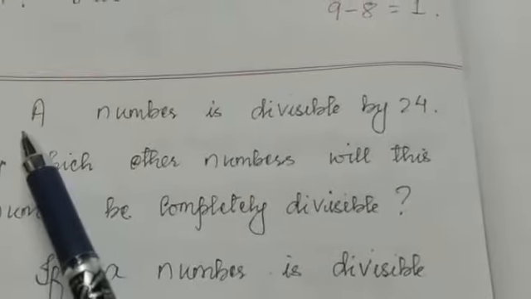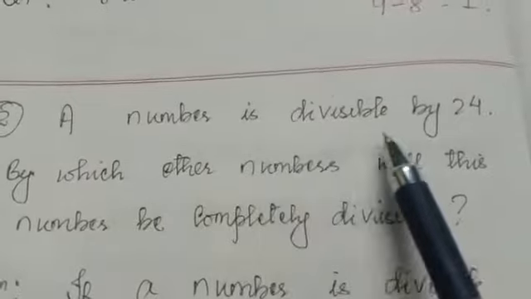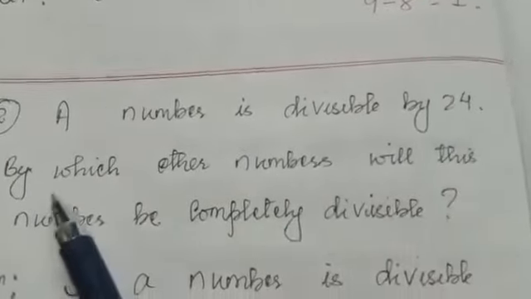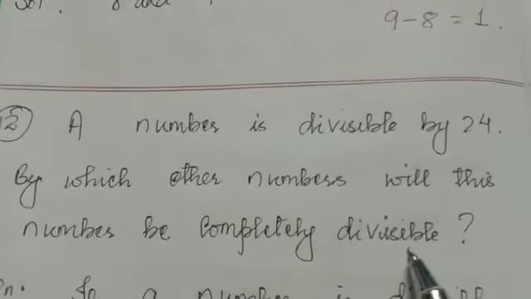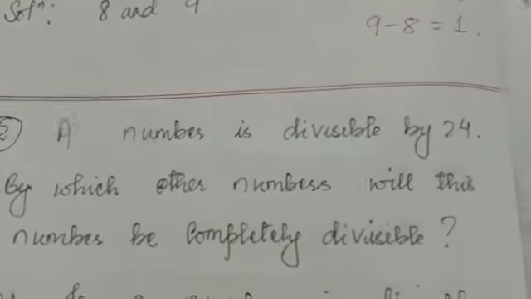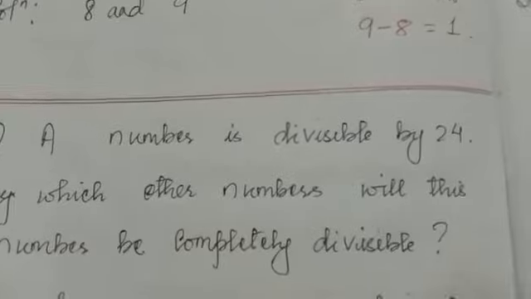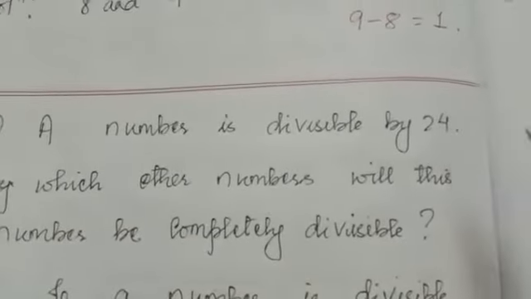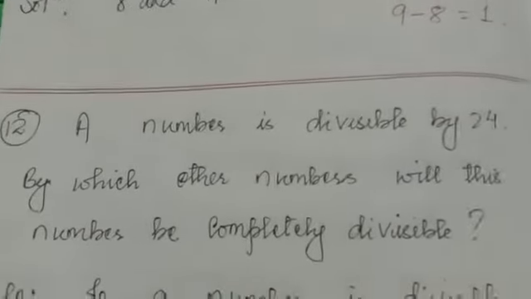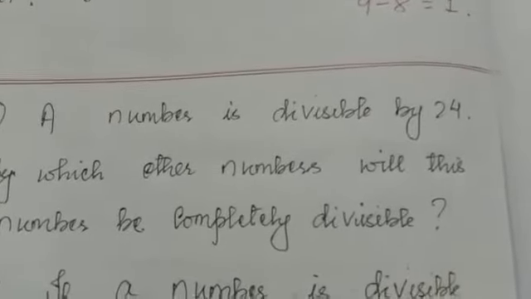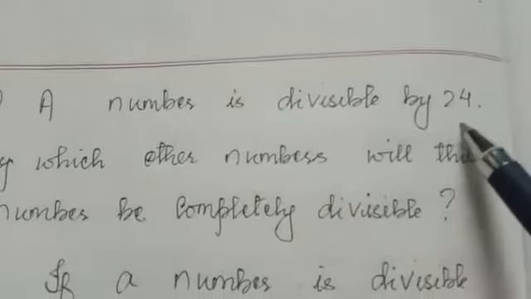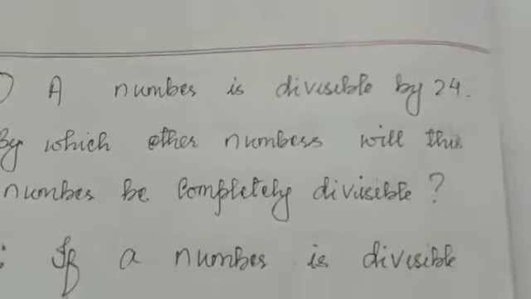Next is question number 12. A number is divisible by 24. By which other numbers will this number be completely divisible? That number is not given, but it is divisible by 24. Now you have to find other numbers which can divide that number completely. For that, we will see the factors of 24.